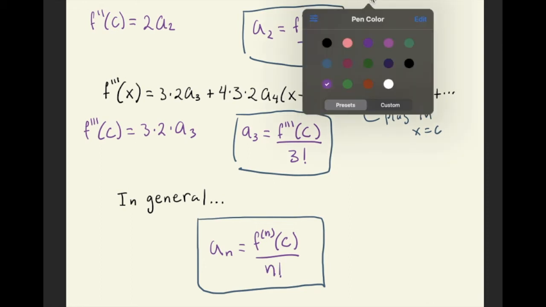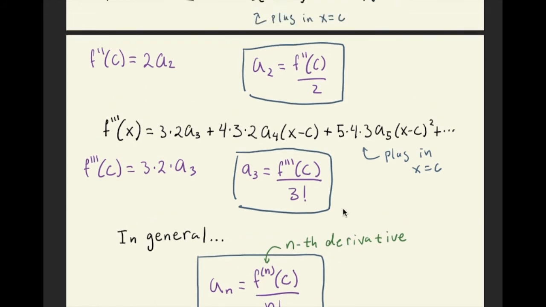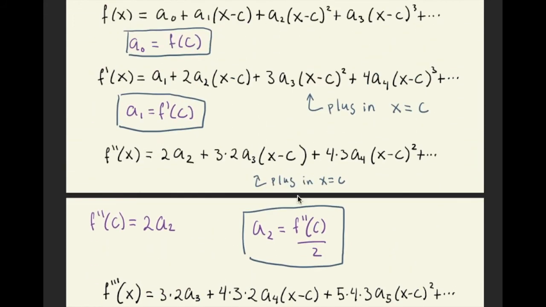So let me write here what that means. This means nth derivative. When you write the n in the parentheses like that, that's what it means. So this matches our previous formula. So a0 is f of c with no derivative. That's f of 0 in the previous formula. So it's f^(0) of c divided by 0 factorial, which is 1.